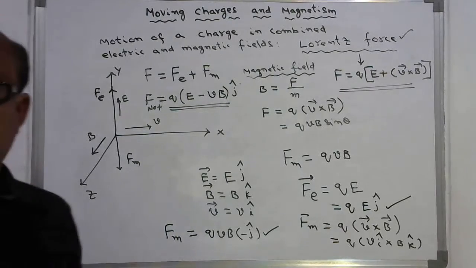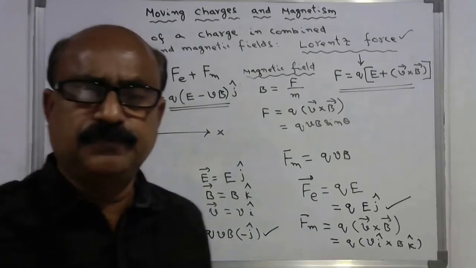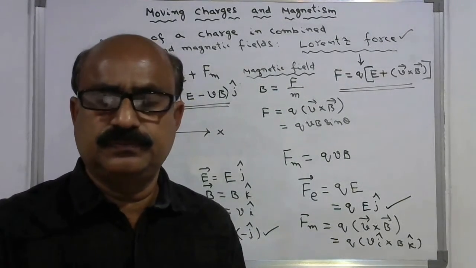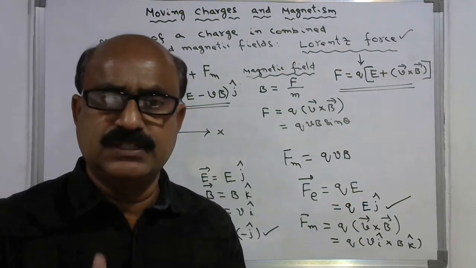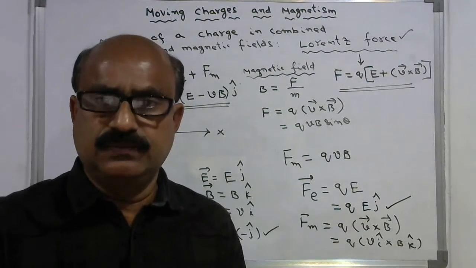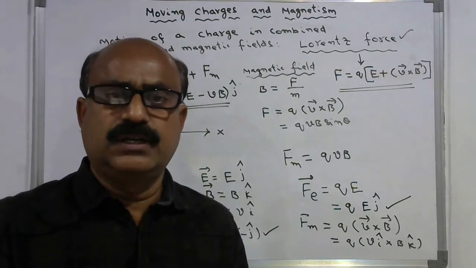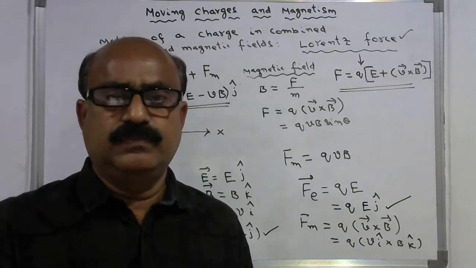Now, if we apply the two fields, electric field and magnetic field, in such a way that the charge is undeflected, that means the force due to magnetic field and the force due to electric field have to be the same.